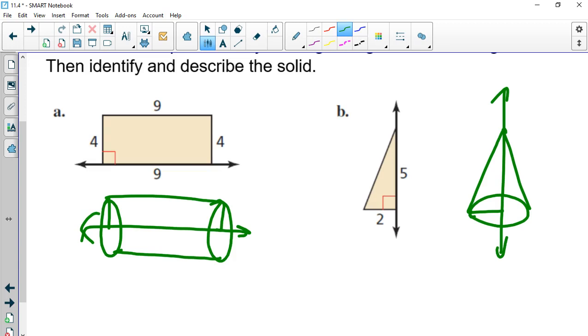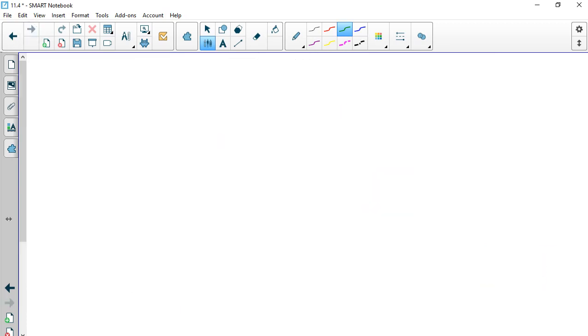So I guess I should write down, this is a cylinder, and this is a cone. And that's it. Very simple lesson right there for 11.4.